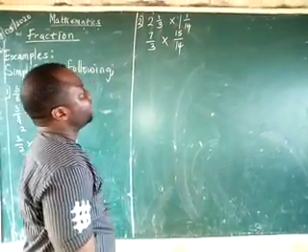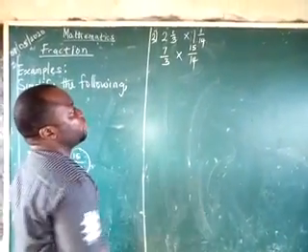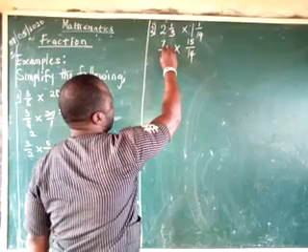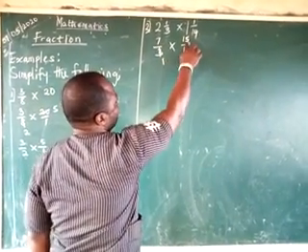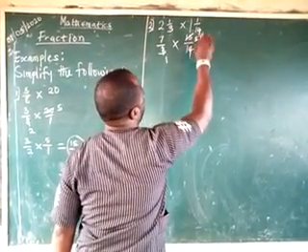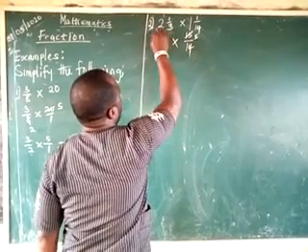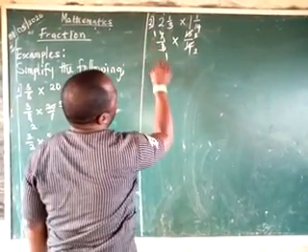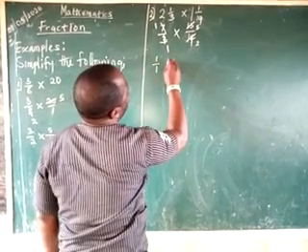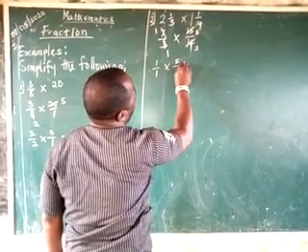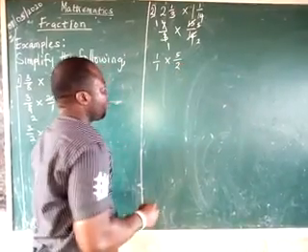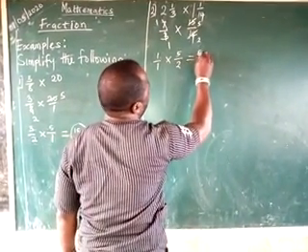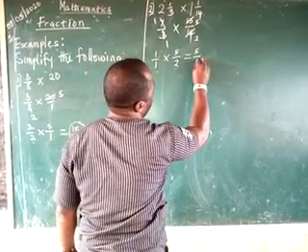Now, as it is, the next thing is you divide. Cut what is cuttable. So 3 here, 1, 3 in 15, 5. 7 here, 1, 7 in 14, 2. So you are left with 1 over 1 times 5 over 2. 1 times 5 gives us 5 over 1 times 2, 2.